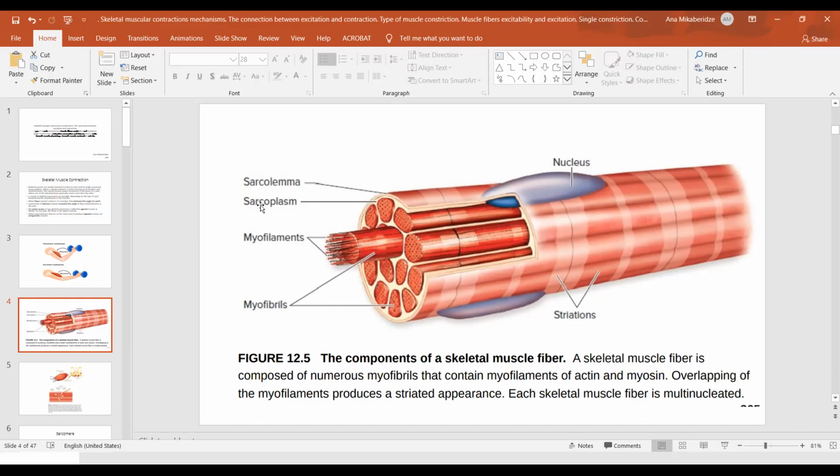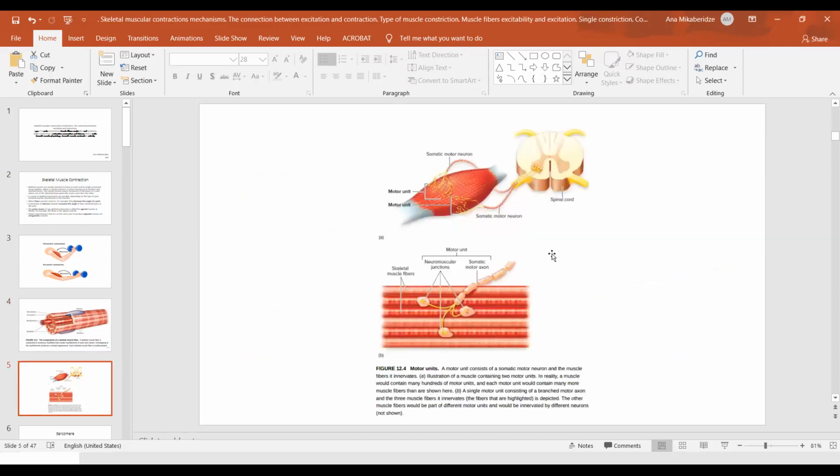Then we also have some sarcoplasm, which is the cytoplasm of the muscle fiber, and sarcolemma, which is the plasma membrane of the muscle fiber. And I have to add that each skeletal muscle fiber is multinucleated, and here you see the nuclei, which are multiple instead of one or two or even three.